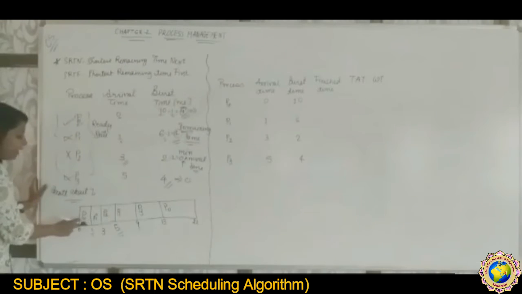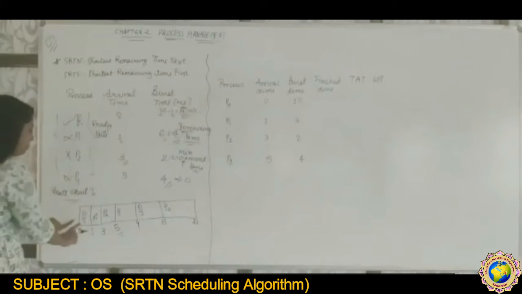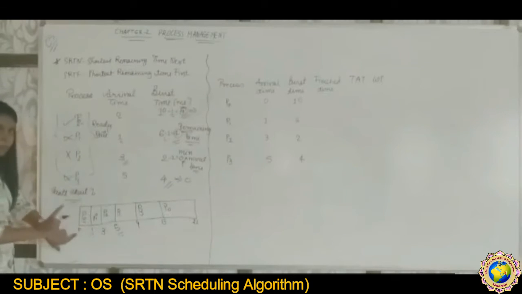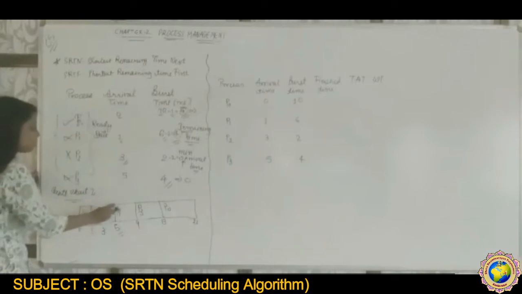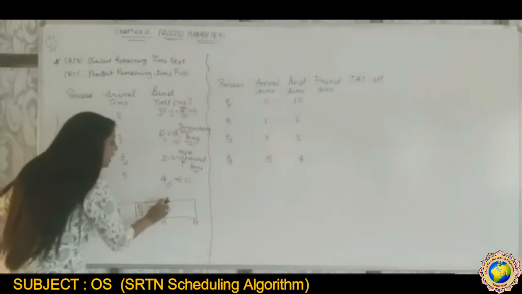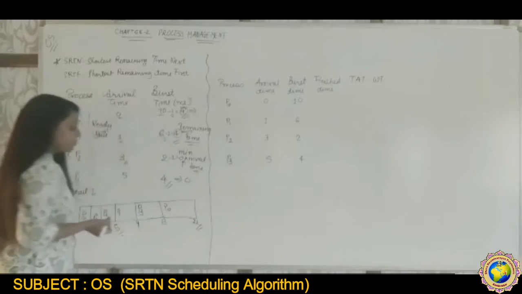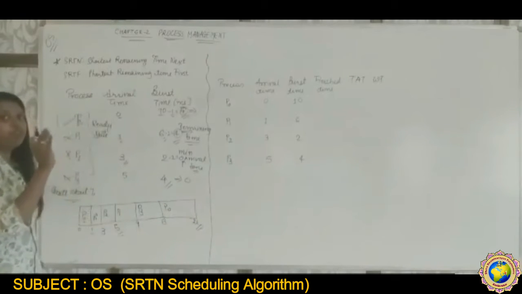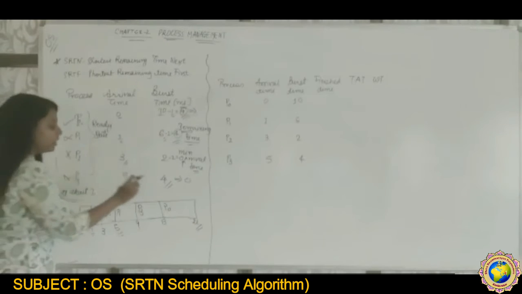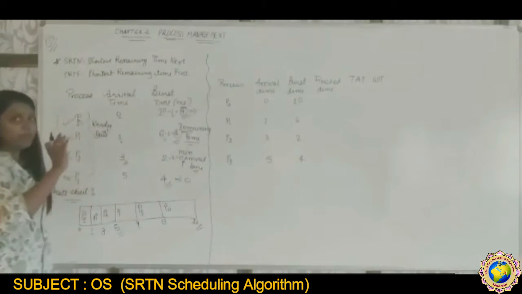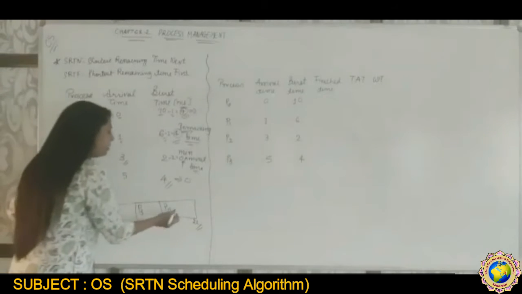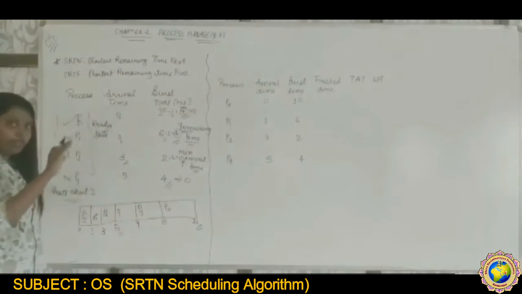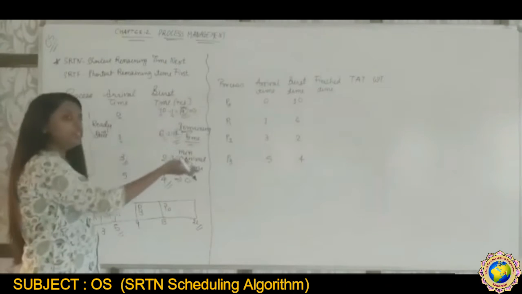For example P0 starts from 0, and P0 finished at 22. The last finish time, we can say the completion time or terminated time, is when the process is fully terminated. That is called the finish time.